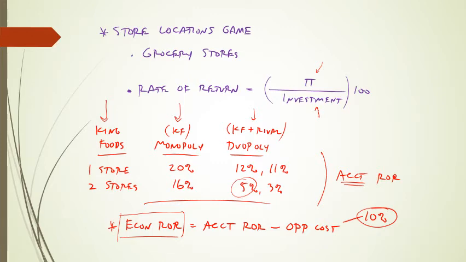Now these are accounting rates of return, so we need to make an adjustment for economic rate of return. And we do that by taking the accounting rate of return and we subtract off the opportunity cost, the rate of return that could have been earned in another location. So we're going to subtract off 10 from these accounting rates of return, and we're going to build a game tree.